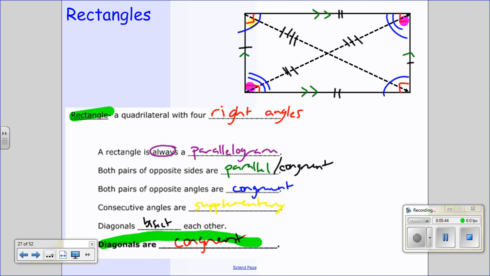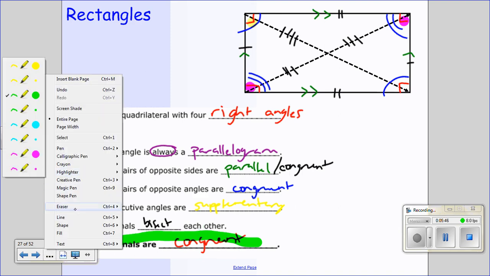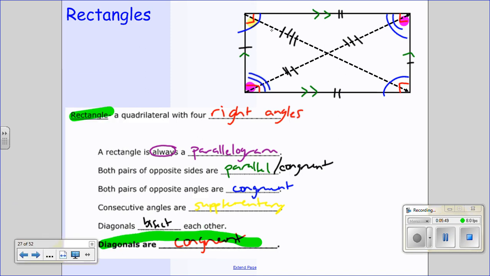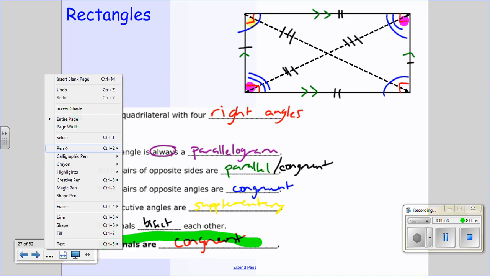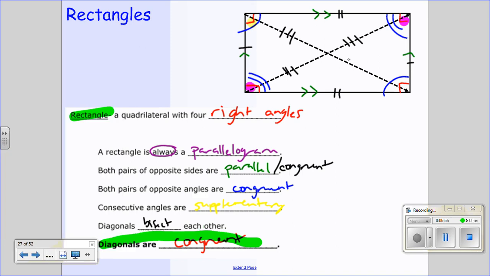Dang it, I put four again. Make two, three. Alrighty, so that's everything about rectangles so far.